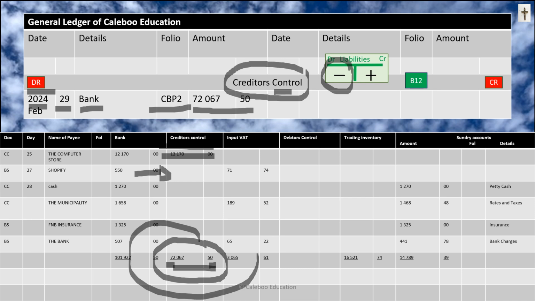We got it from the total of the column, and we posted to the creditors control account, which is B12, the 12th account in the balance sheet section, which is actually the statement of financial position section, but the folios we're leaving with a B, B12. So creditors control was debited. We applied our rules. A decrease in liabilities, the rule says debit the account.